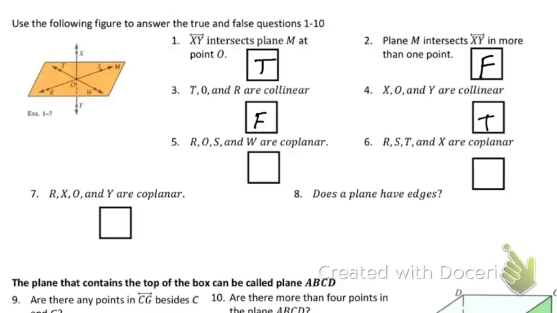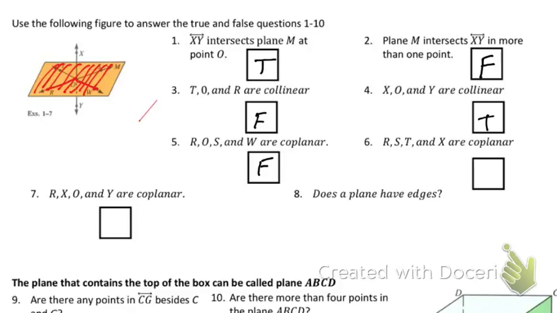R, O, S, and W are coplanar, so that means I could draw a plane on them. True or false? False? Let's see. So sometimes what I'm picturing is, okay, R, O, and W, that's this plane here. Then find that other point.